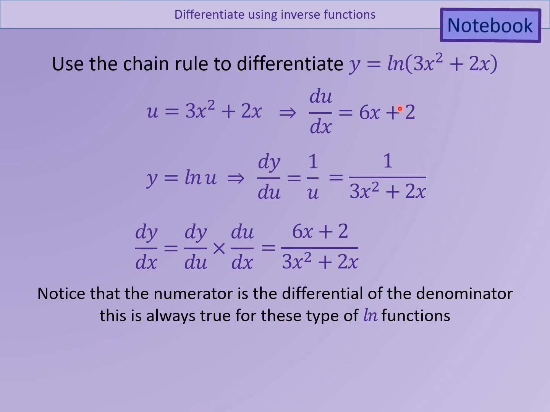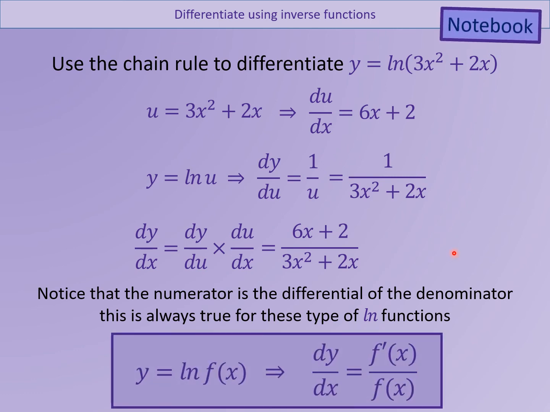Now you might think, can't I just differentiate using the chain rule? Yes, you can. But why this is important is when we look at the opposite of differentiation, integration, later on. We're going to be noticing that the denominator differentiates to the numerator. So that fact is always true. If I'm differentiating ln of a function, then I always get the function on the denominator, and the numerator is always the differentiation of that.